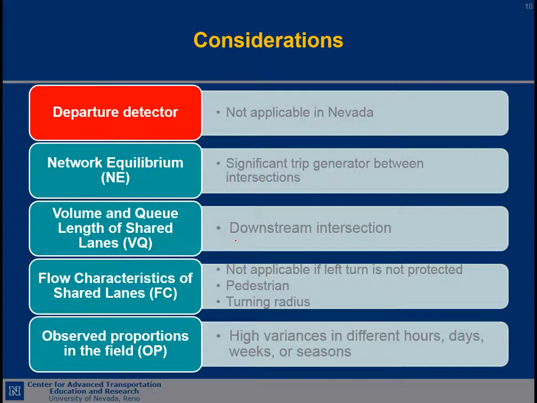Flow characteristic of shared lanes is not applicable if left turn is not protected or there are significant pedestrian volumes, and also if turning radius is large, we cannot use this method, because when turning radius is large, headways are not significantly different when they want to turn right or go through. And finally, the last method is applicable if there is not high variance in different hours, days, weeks, or seasons.